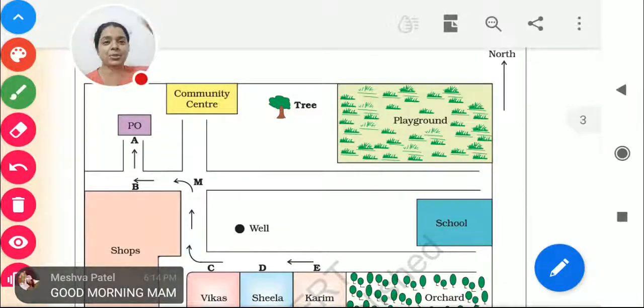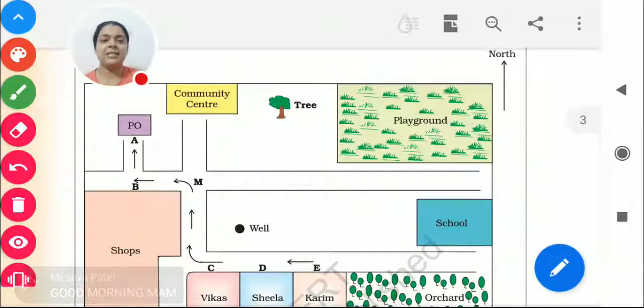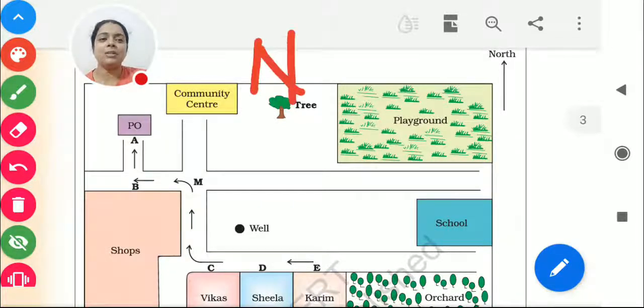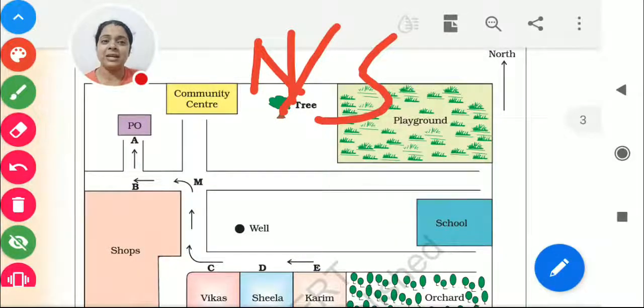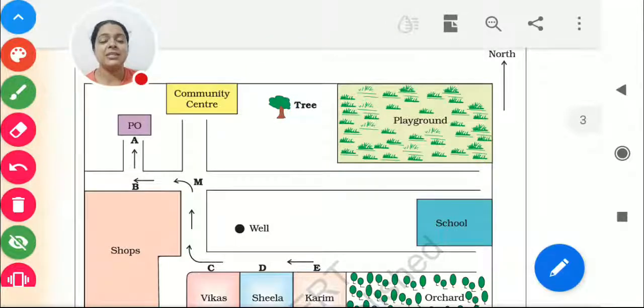You will just hold it like this, right? If you are holding it like this, undoubtedly it is going to be wrong. What happens if you're reading north as south and south as north, or west as east and east as north?